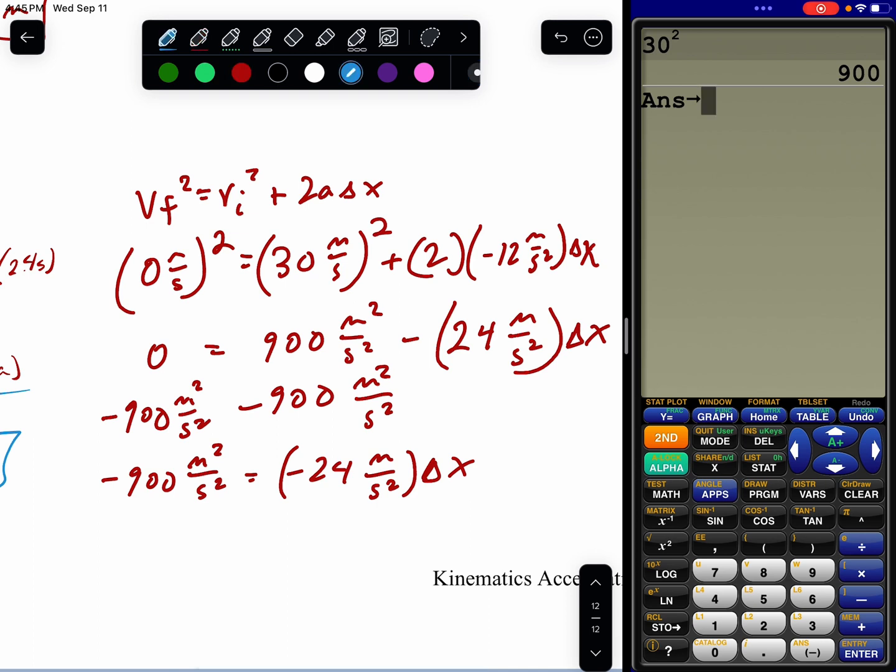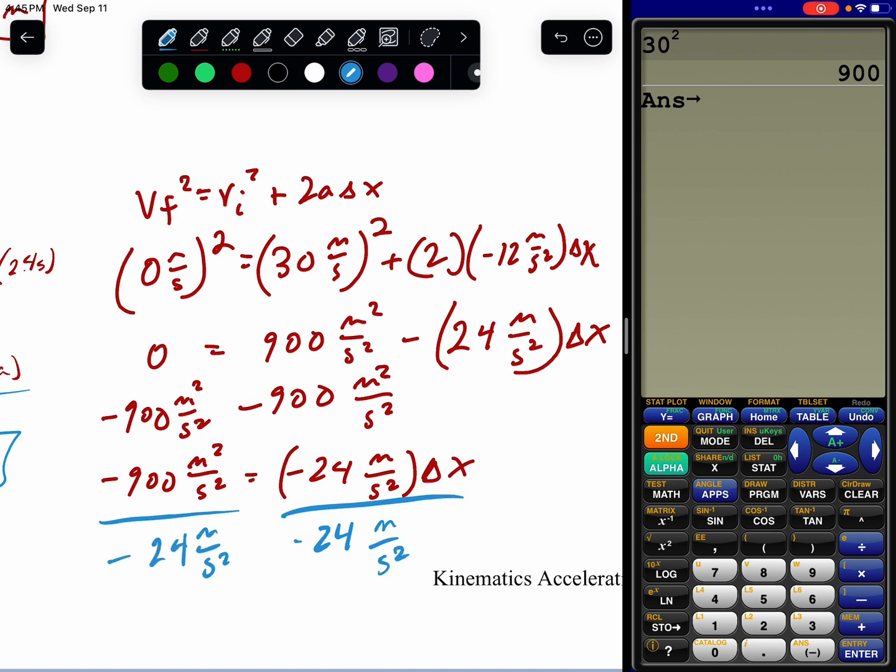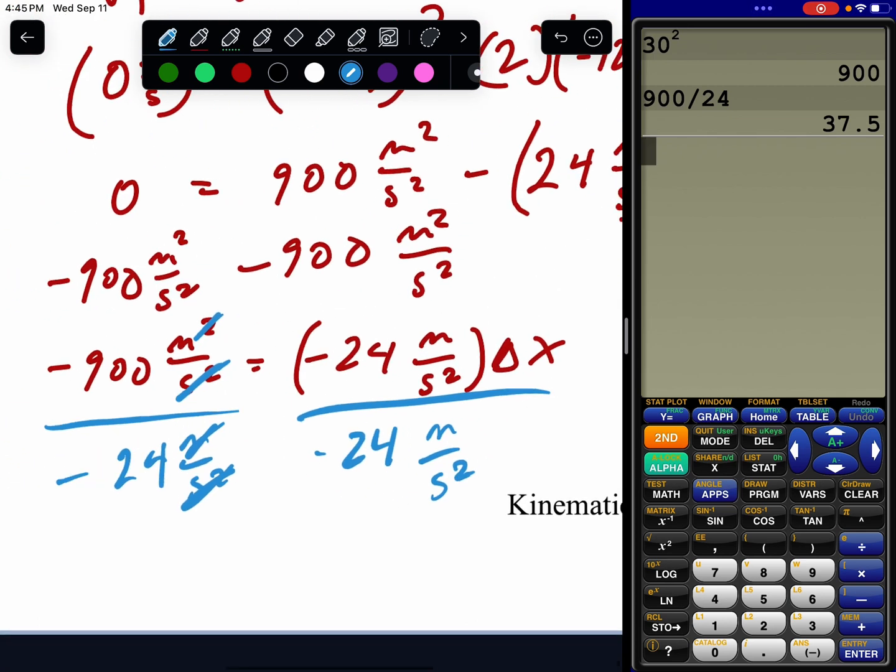And let's divide both sides by negative 24 meters per second squared. One of the meters cancels and the seconds squared cancels, and we're left with negative 900 divided by negative 24, which is going to give us positive 37.5.